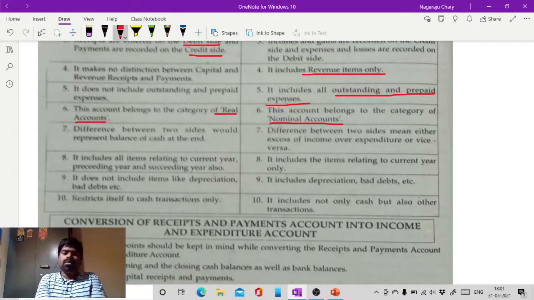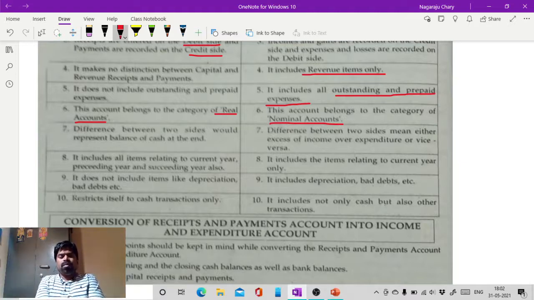So now you have a clear-cut idea about how to prepare, what items are to be considered while preparing the receipts and payments account, and what items are not to be considered in its preparation, where the same is to be followed in the income and expenditure account also.